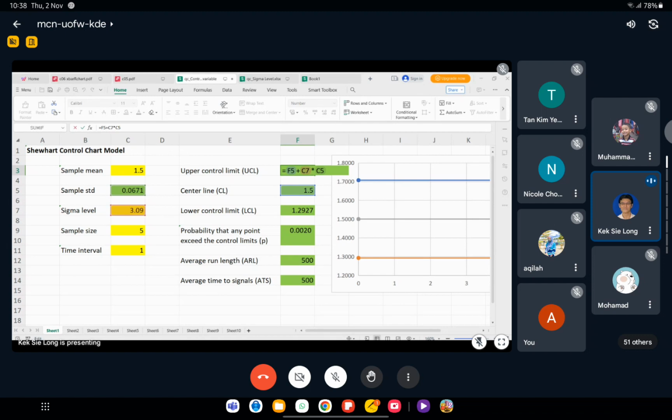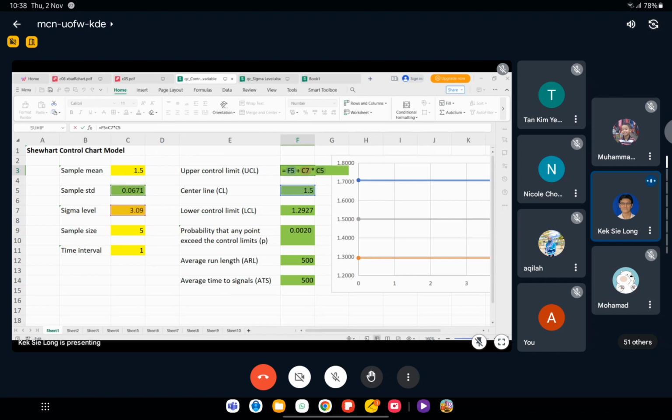So F5 is the center line: type equal, click on F5, plus, then click on C7, which refers to the sigma level, then press star, click on C5, and then enter.